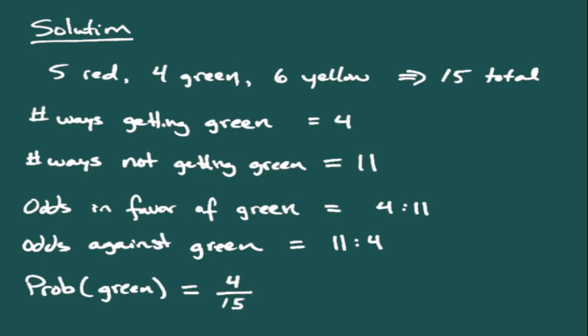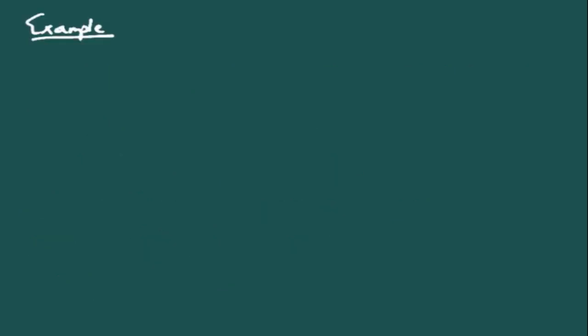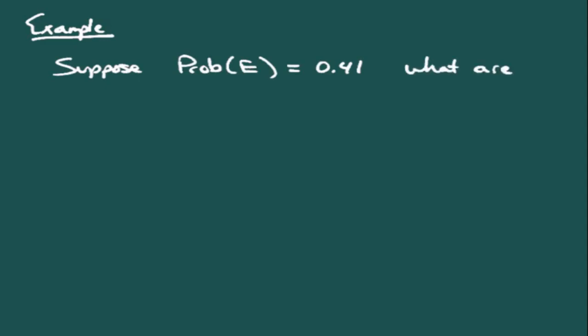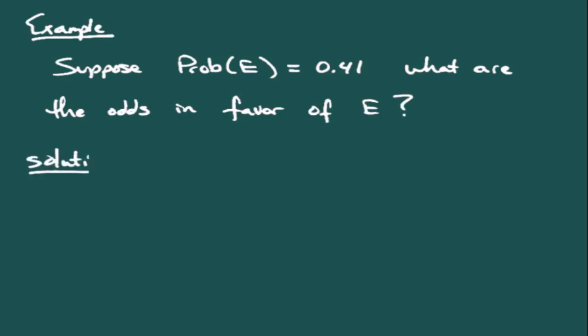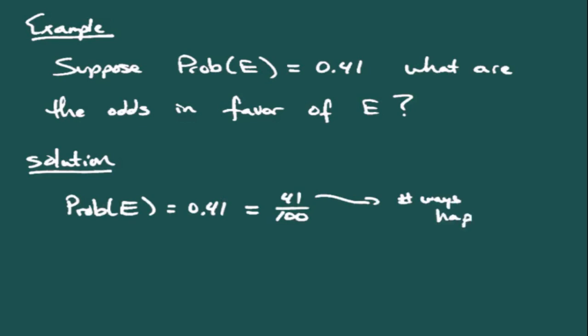So let's look at an example where we know that the probability of an event E is going to be 0.41. So we can ask, what are the odds in favor of E? Well, the solution for that, since our probability of E is 0.41, as a fraction, that's just going to be 41 over 100. Now remember that the numerator is going to give us the number of ways that E can happen.